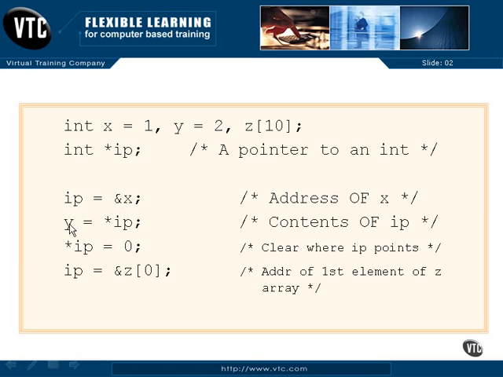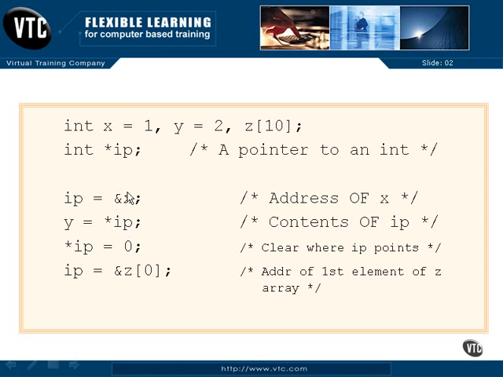Here we can say that y is now equal to the contents of IP. It's the same asterisk, but it means a very different thing because of where it's being used, its context. This is called dereferencing. We are dereferencing IP. So what happens? We go to IP, which is a variable in memory. It contains an address. We get that address.